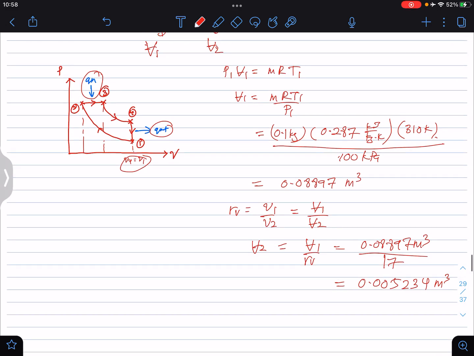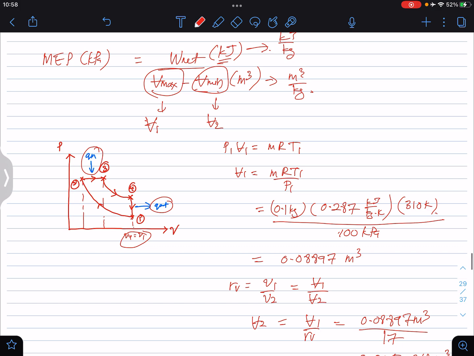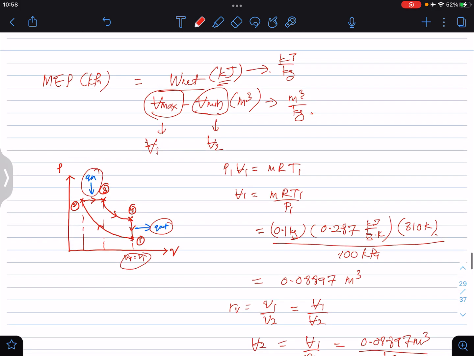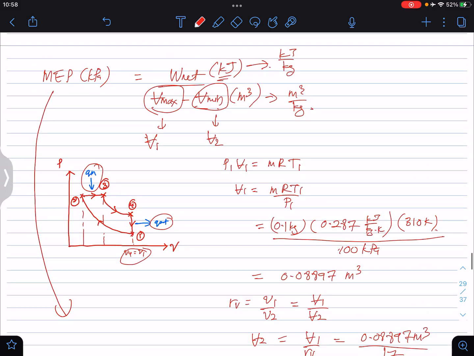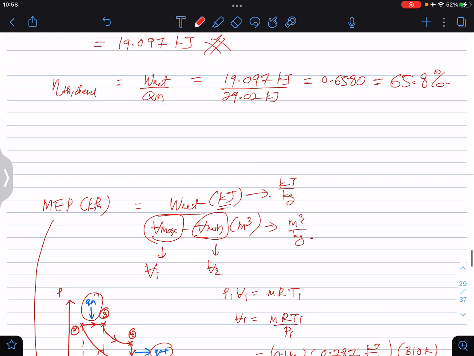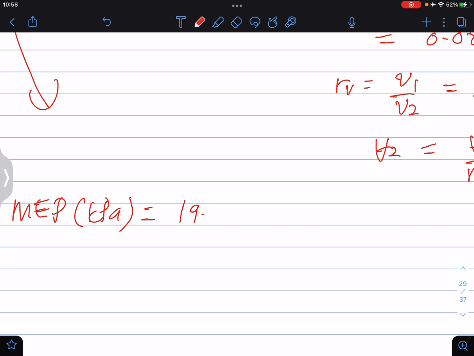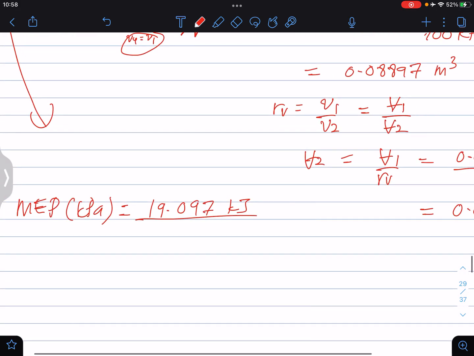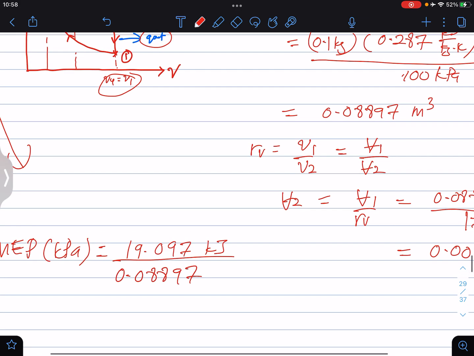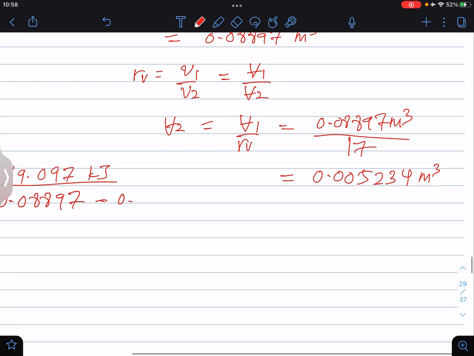Okay, so then you plug into the formula of the MEP here. MEP in kPa equal to your work net, which is 19.097 kilojoule, over V1 0.08897 minus 0.005234.